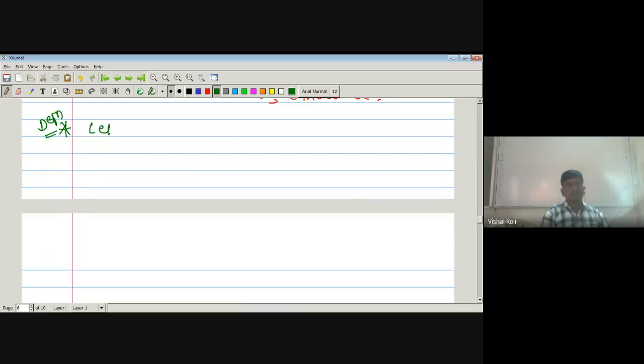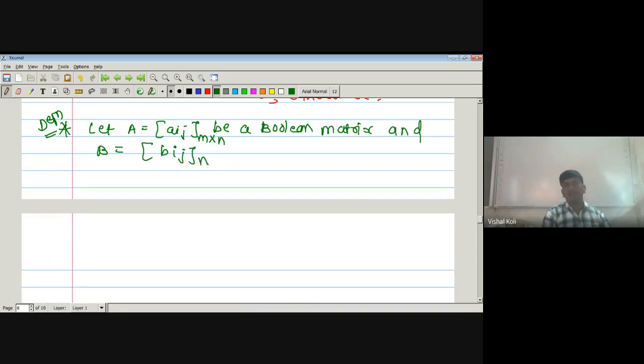Let capital A equal to Aij of order m cross n be a Boolean matrix of order m cross n. This matrix is called as 0 1 matrix since all its entries are either 0 or 1. Let A be a Boolean matrix and B equal to Bij of order n cross P be a Boolean matrix.